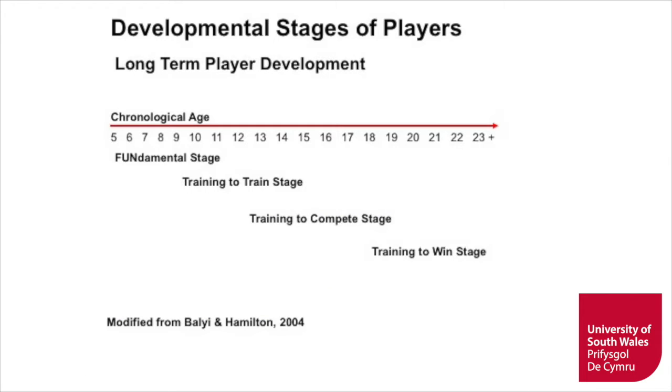From the graphic on screen that's been modified from Balyi and Hamilton 2004, you can now see how each of the long-term player development model stages slot into an individual's chronological age, with the fundamental stage being from 5 to 11 years of age, the training to train stage being from 10 to 15 years of age, the training to compete stage being from 13 to 19 years of age, and the training to win stage being 18 plus.